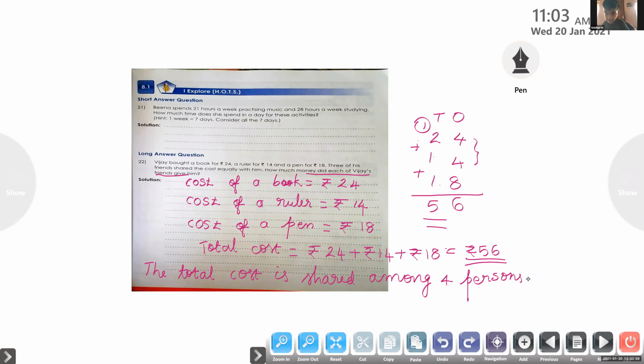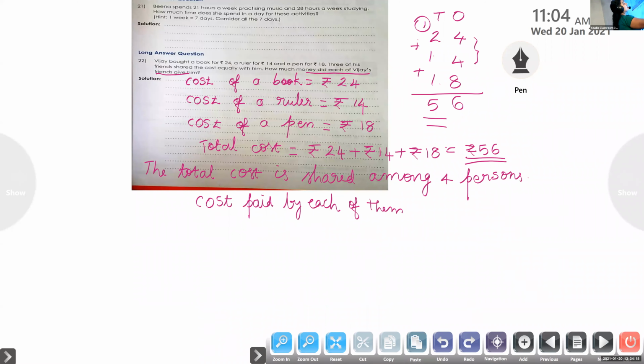So the cost paid by each of them is equal to rupees 56 divided by 4.